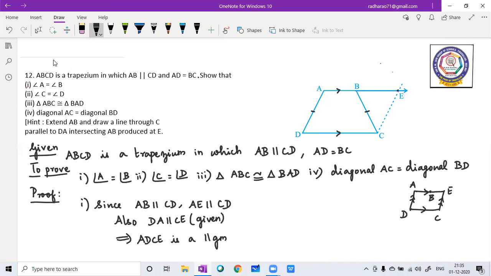In a parallelogram, opposite angles are equal and the sum of adjacent angles is 180.